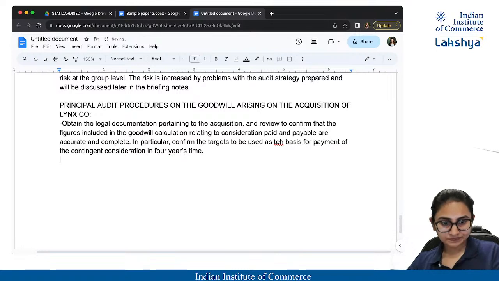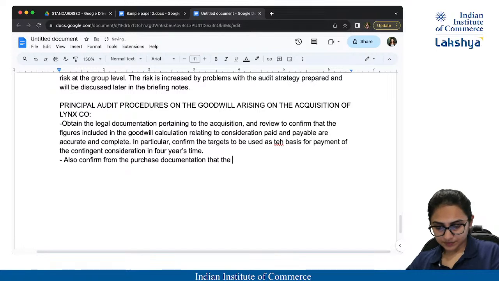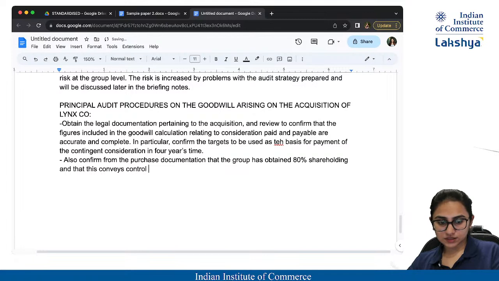Okay. The next one, also confirm from the purchase documentation that the group has obtained 80% shareholding and that this conveys control, because 80% is control, right?